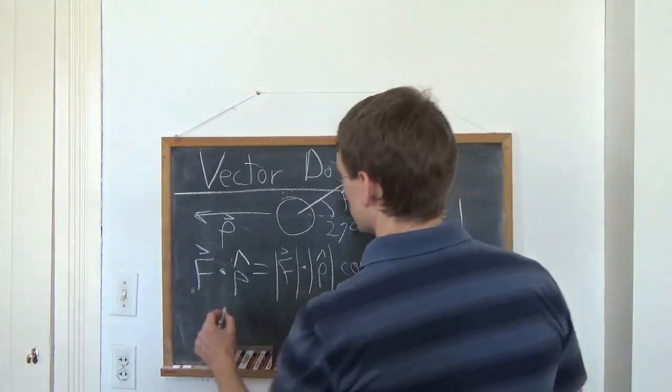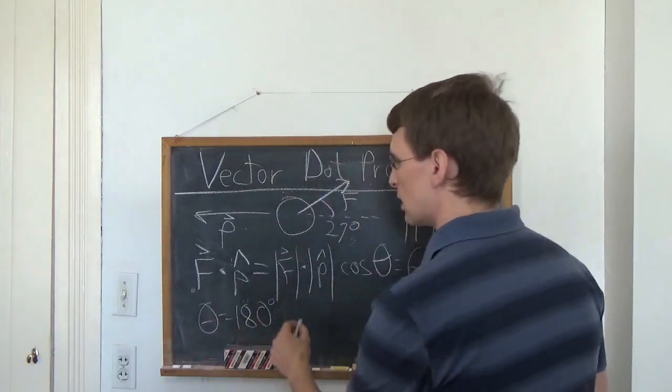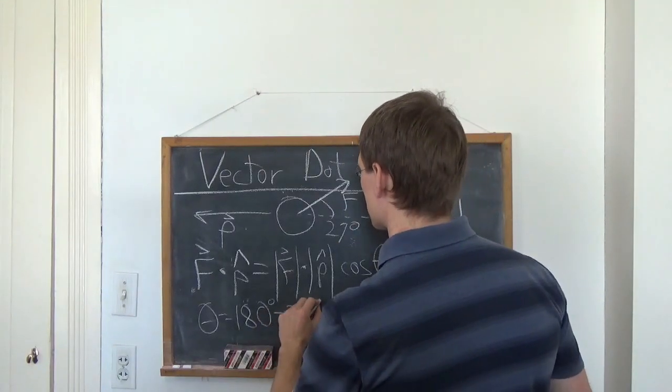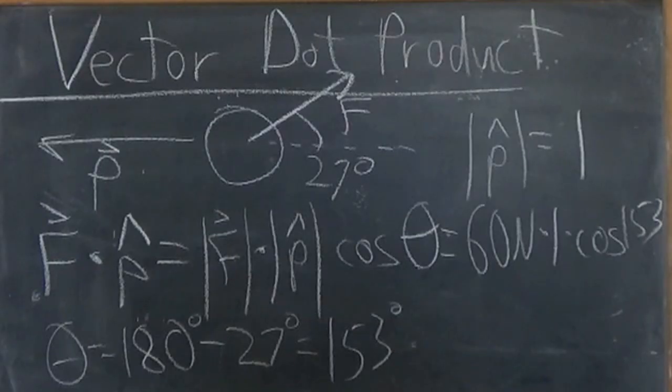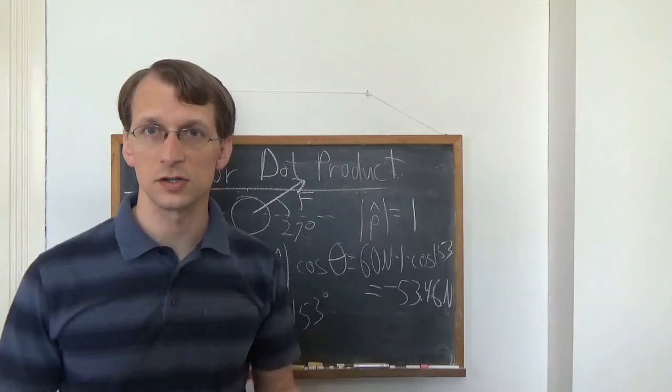So our angle is going to be 180 degrees minus 27 degrees, which gives us 153 degrees. So we have 60 times 1 times cosine of 153. So we get an answer of negative 53.46 newtons.